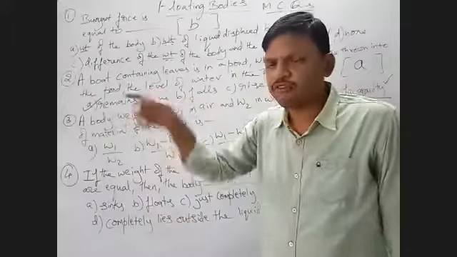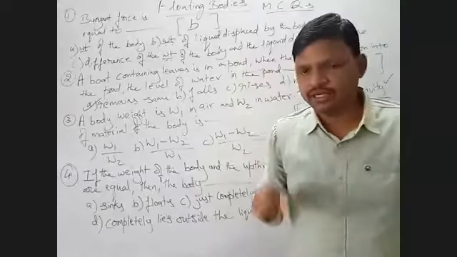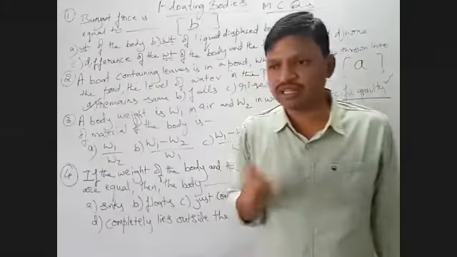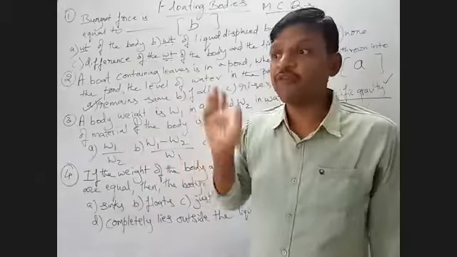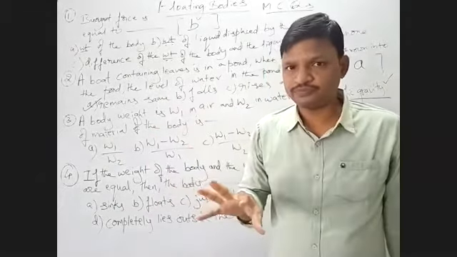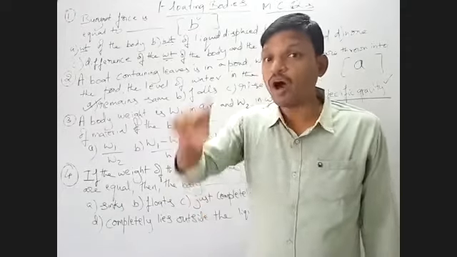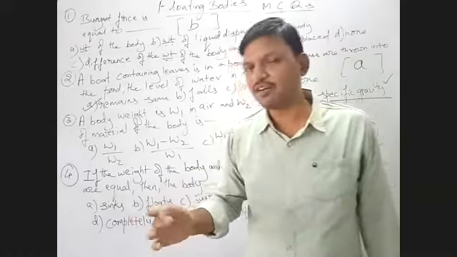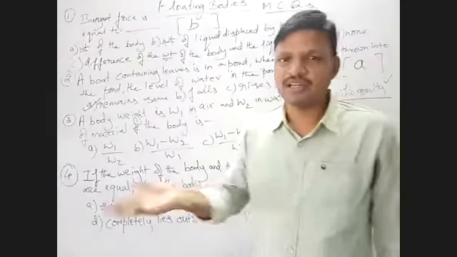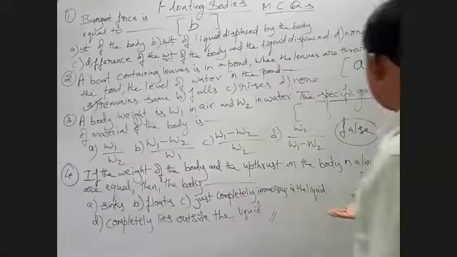Otherwise, in terms of weights: weight of the object in air divided by the weight of the volume of water it displaced. Weight of the volume of water displaced means the loss of weight. So that means here what?